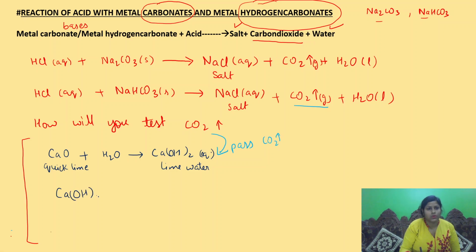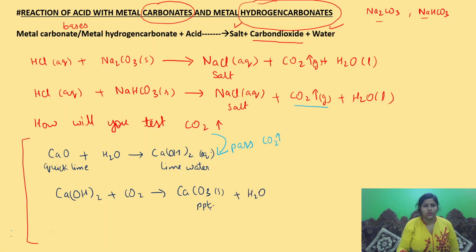Ca(OH)2 plus CO2. So there is a formation of white precipitate. This is solid, this is precipitate plus H2O, right?